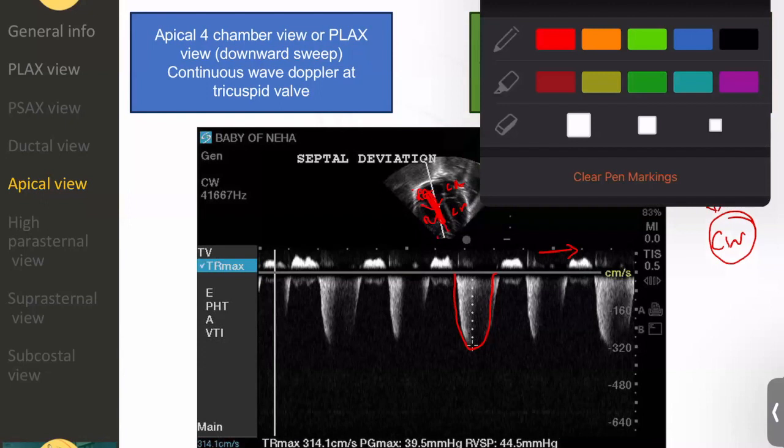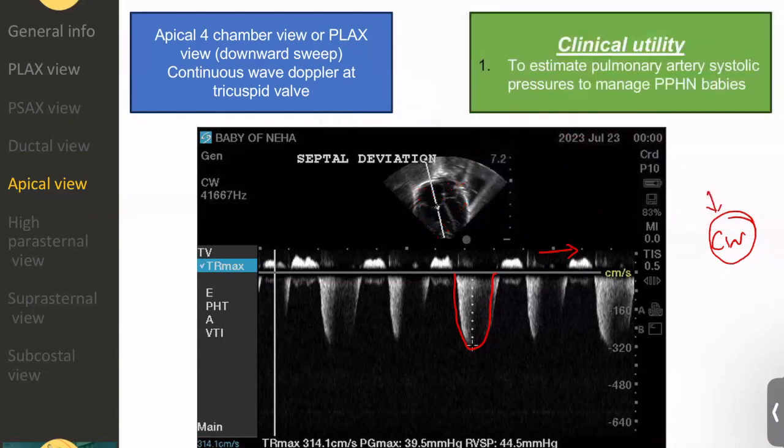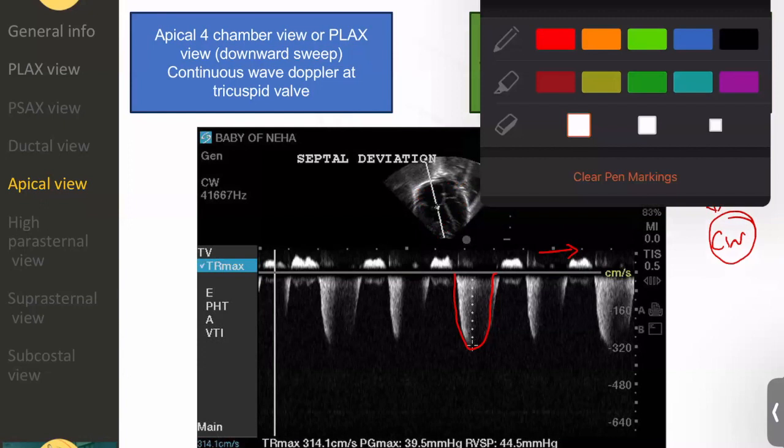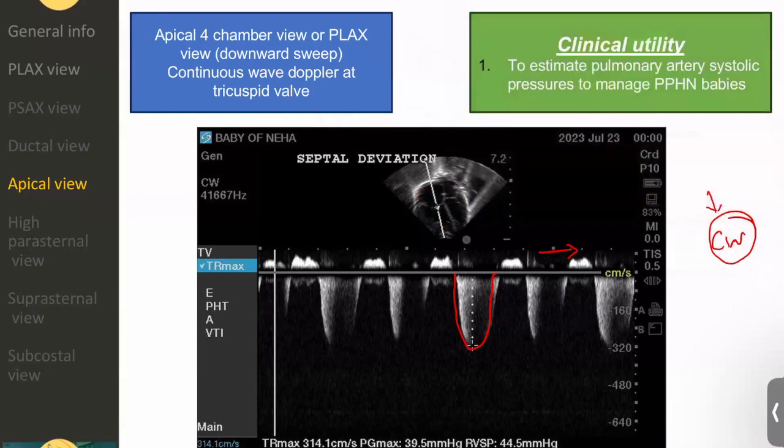So you will see blue, and you will see red. Red is the flow going from the RA to the RV, and blue is when the RV, because it is unable to pump against the high pulmonary vascular resistance, is pumping the blood back.